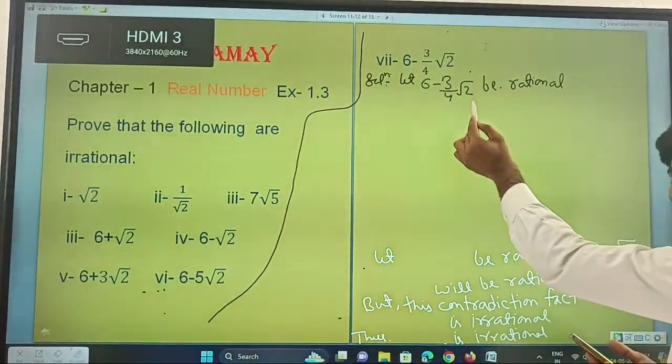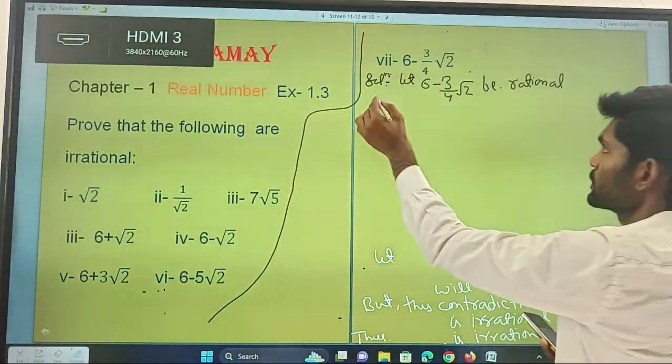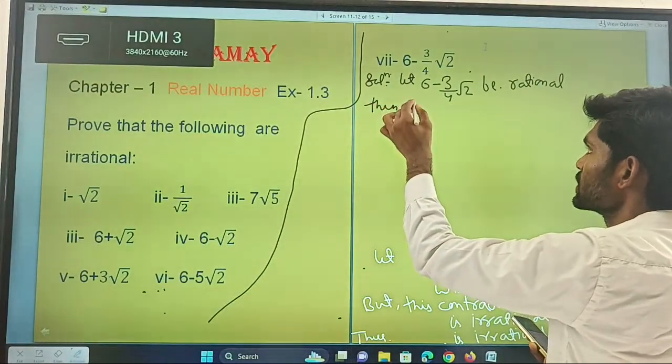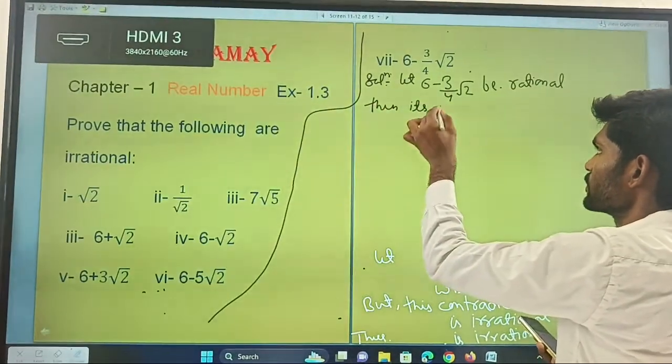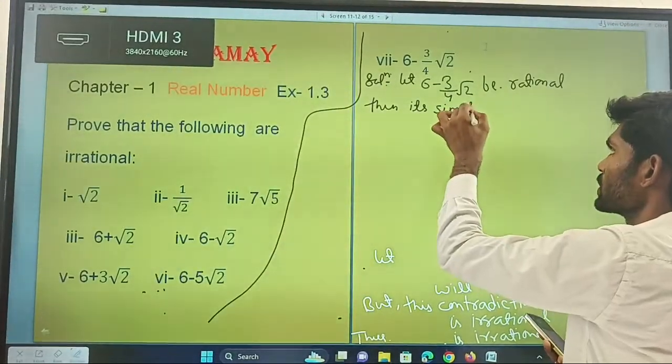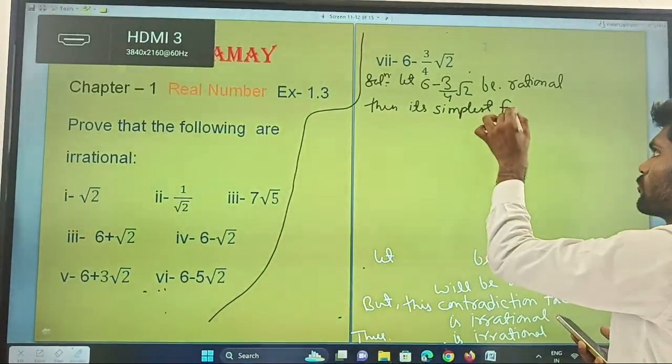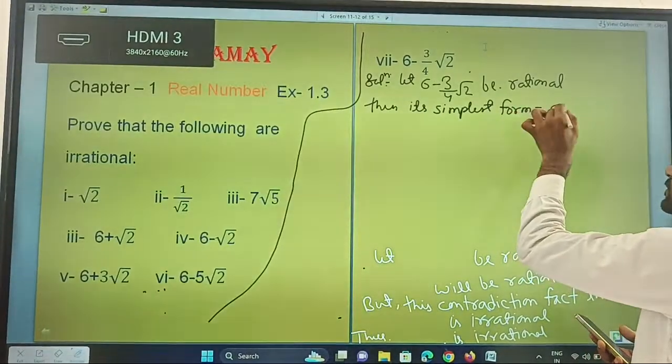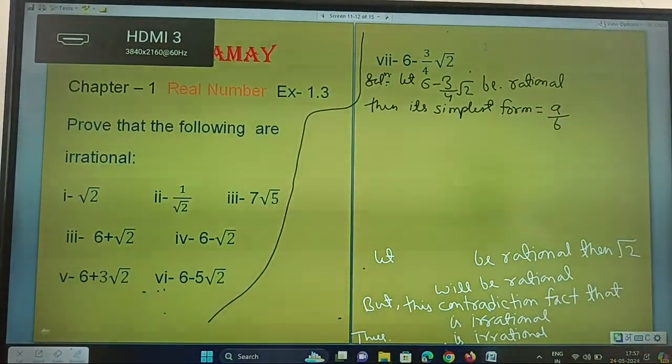Note down the question. Then its simplest form is A upon B. Till here clear?